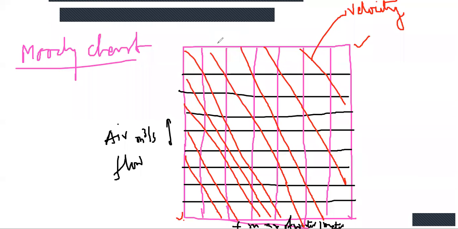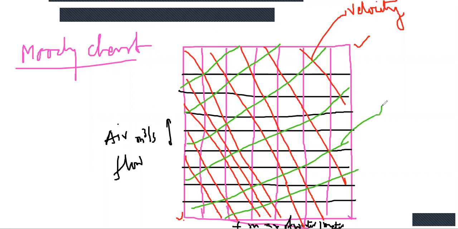Another line is this green line, called the diameter of the duct. Okay. This is our Moody friction curve.